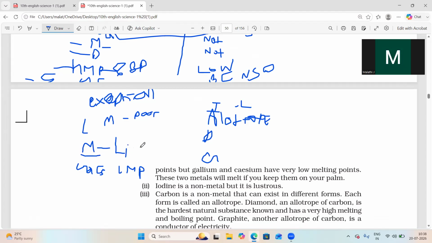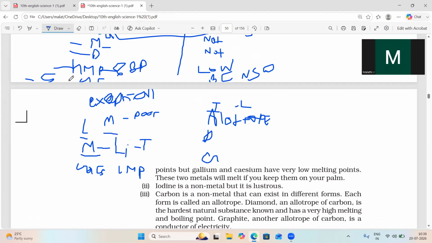You can observe mercury in a thermometer: when the temperature increases, the mercury inside rises and its level increases.